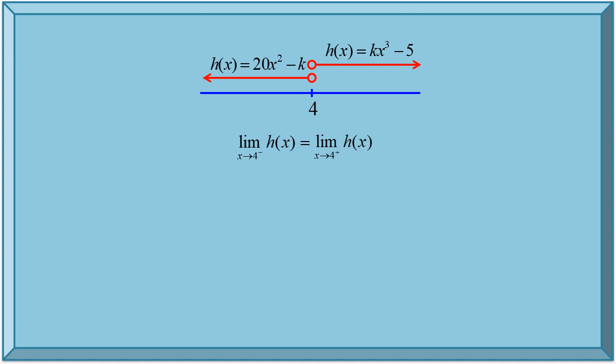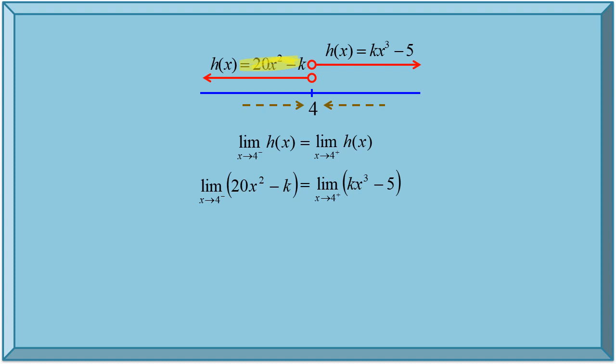So what is the limit from the left side of 4 and the right side of 4? For the left side of 4, we have 20x squared minus k. So it will be the limit of 20x squared minus k as x approaches 4 from the left side, and the limit of h(x) from the right side, equal to kx cubed minus 5 as x approaches 4 from the right side.